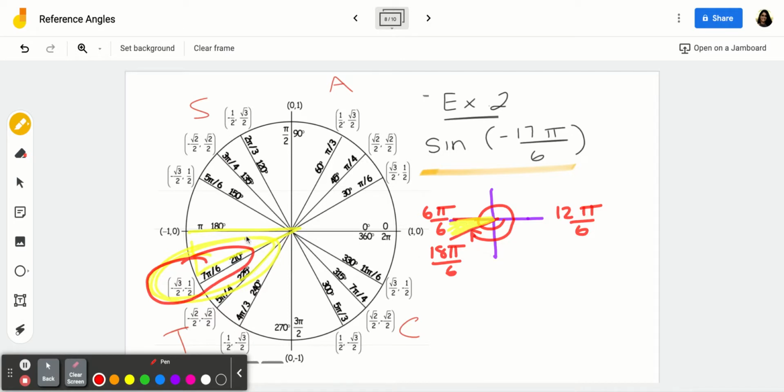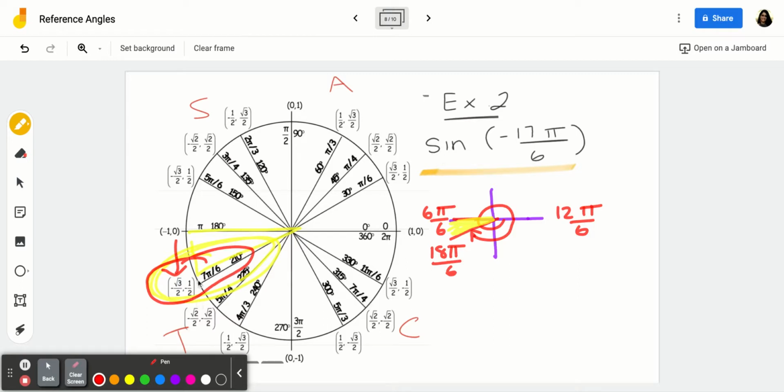This 30-degree gap, or pi over 6 gap, is going to create the same numbers as this. So I found the equivalent spot on my unit circle, and that gives me enough information to complete this. So just to be clear, sine of negative 17 pi over 6 has the exact same sign as 7 pi over 6.